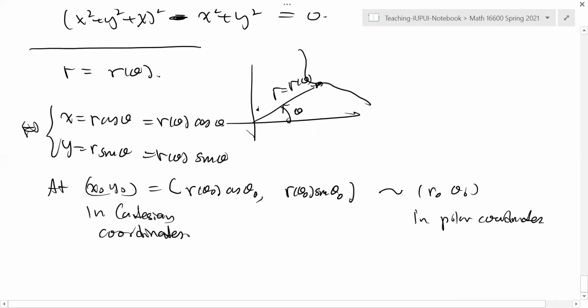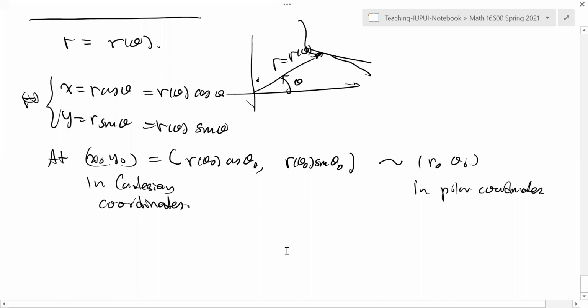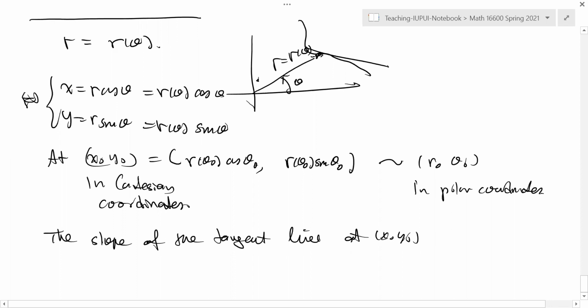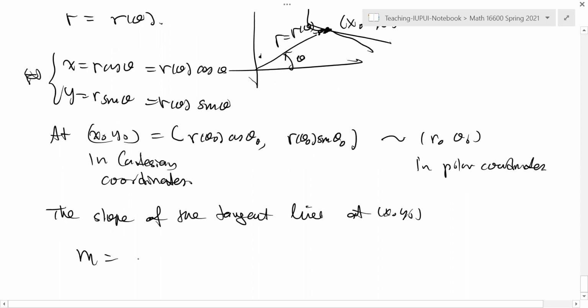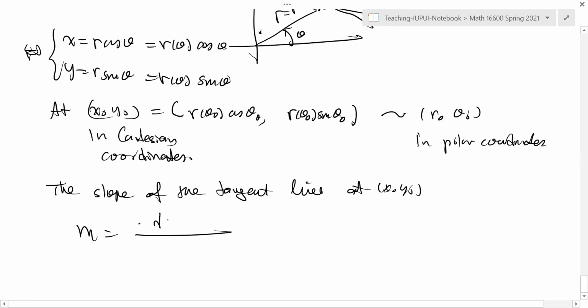You can find the slope of the tangent line at that particular point x naught, y naught in Cartesian coordinates. This can be given by dy over dx. Remember, right?